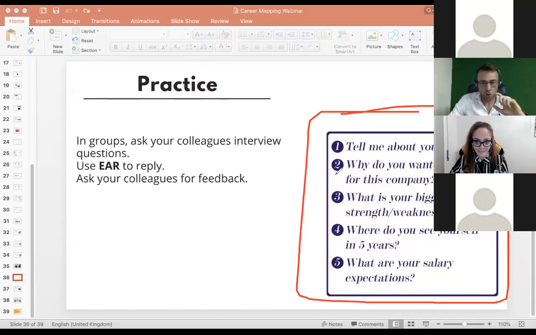Okay, so when you ask your partner the questions, listen to their answers and check, are they following the EAR technique? Okay, this is very, very important. If you are the interviewer, you need to help your colleague. Give them constructive feedback. This is your moment to improve and to practice together.